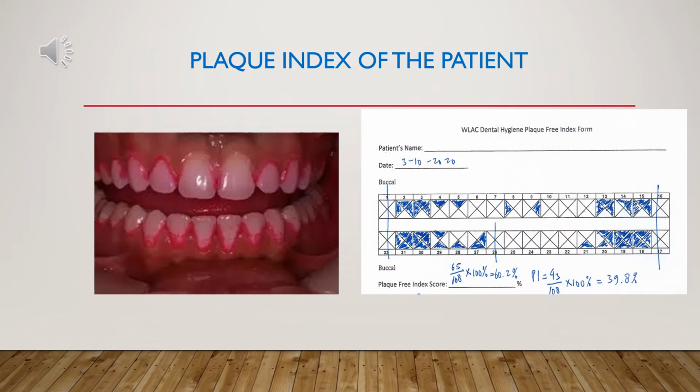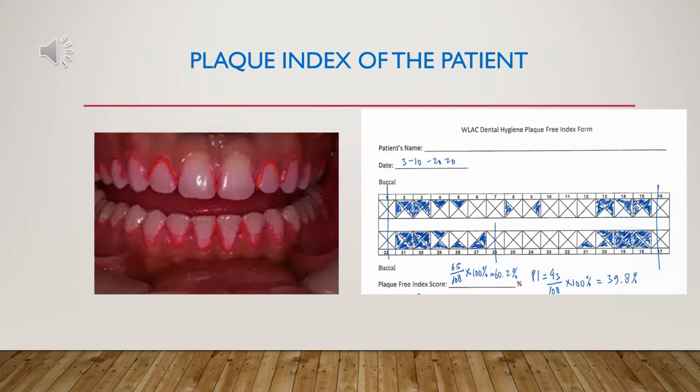Plaque index of the patient. Grab the mirror and show the patient what the plaque index is. The plaque index shows where the plaque likes to stay and hang out around the gingival margin, or usually accumulates between the teeth, especially if the teeth have crowding and the patient doesn't floss daily.